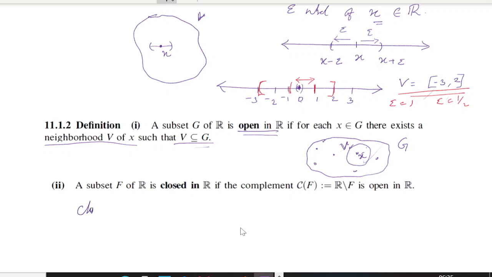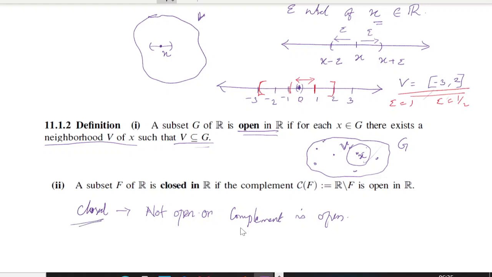Closed means not open, or rather, the complement is open. So a set is given, its complement is open means we will say that the set is closed.